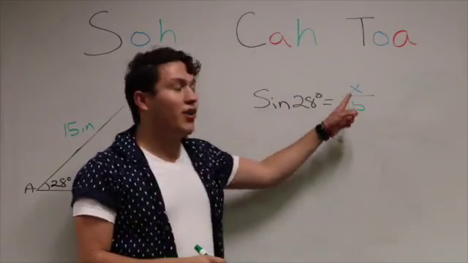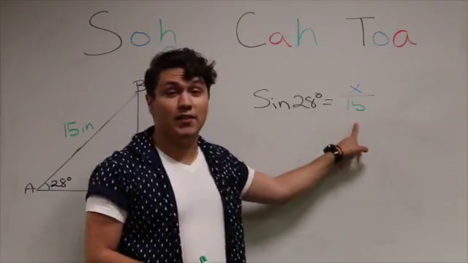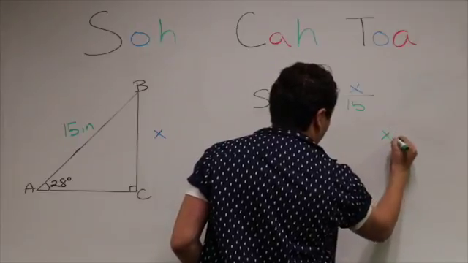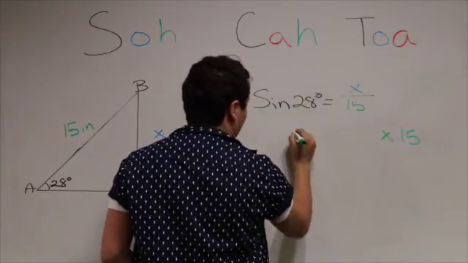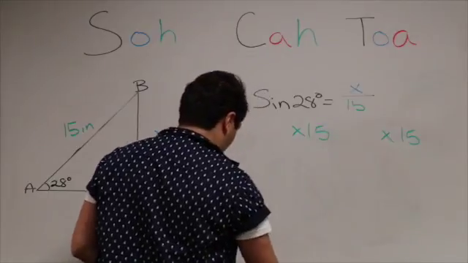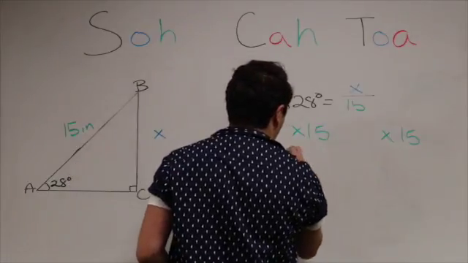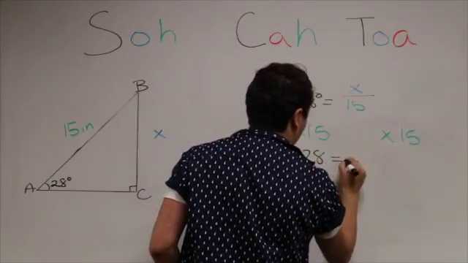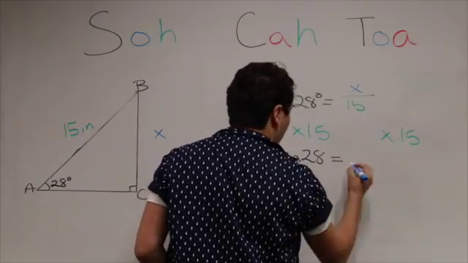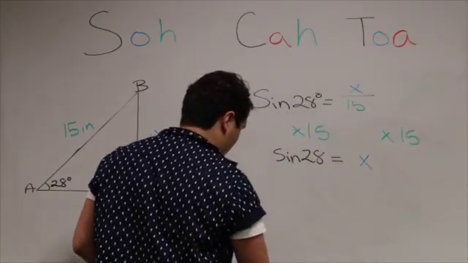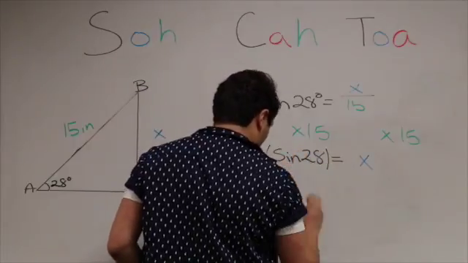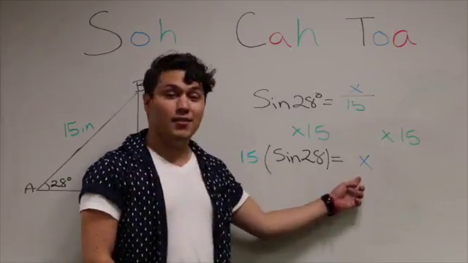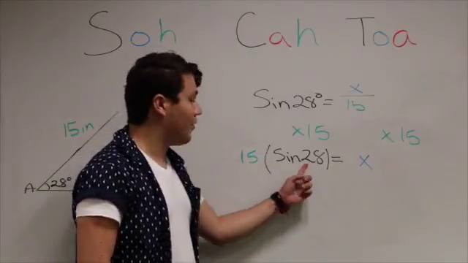Alright, so we're trying to get the x alone. So we're going to multiply 15 on both sides. So we have x is 15 times the sine of 28 degrees.